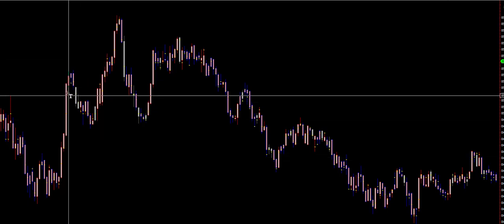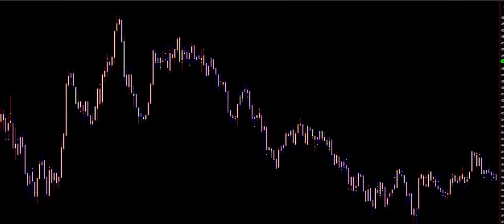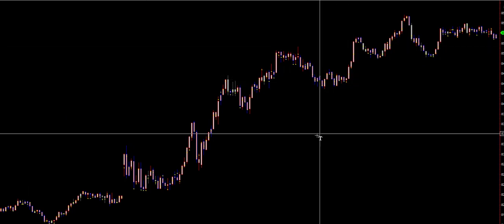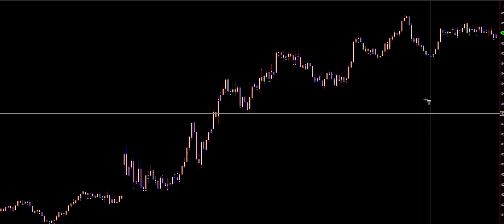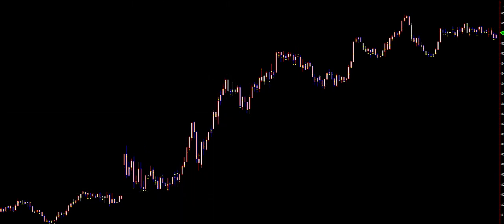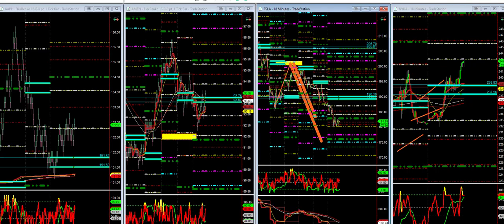I can see things you cannot see because I'm professionally trained, and I am also a developer of 100 plus algos in the professional arena. So I can see things you cannot see from the naked eye. But the point I'm trying to make is these levels were already posted. So let's check those out.